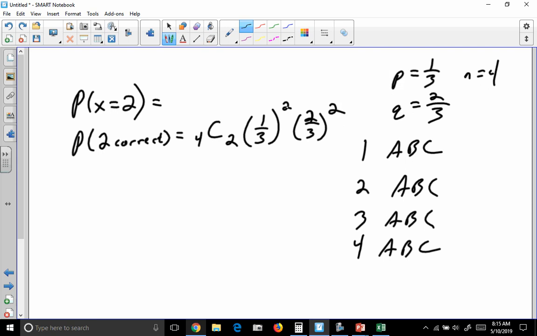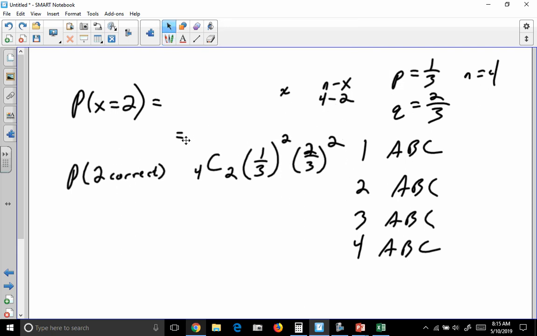Notice this is our x. This is our n minus x. 4 trials, 2 successes, so that leaves us with 2 failures. So number of successes, number of failures. If we have 2 correct, we have 2 successful questions, 2 failed questions.